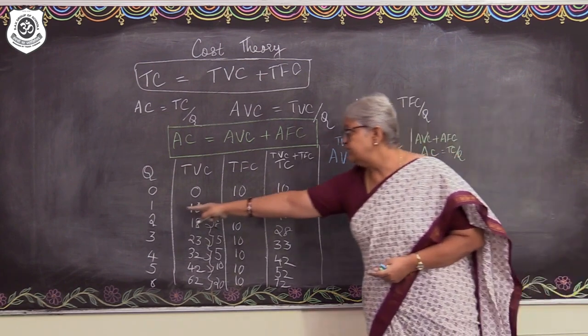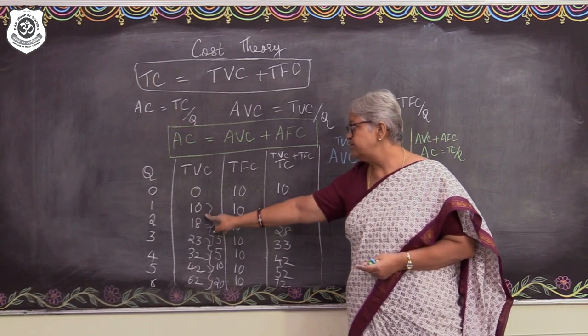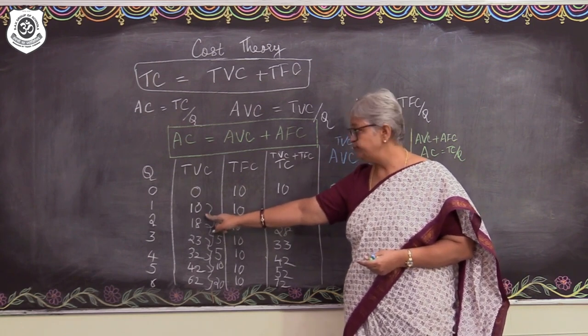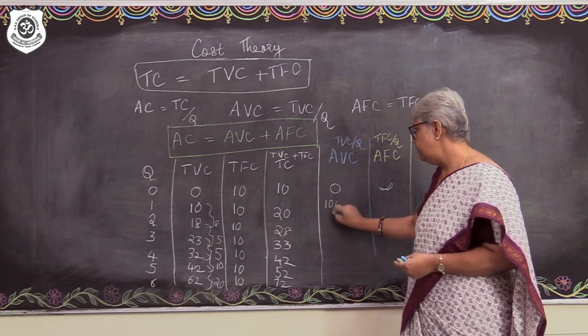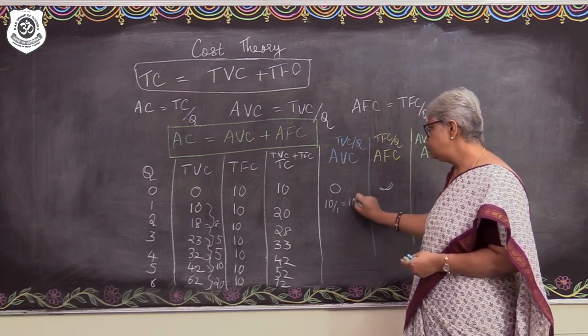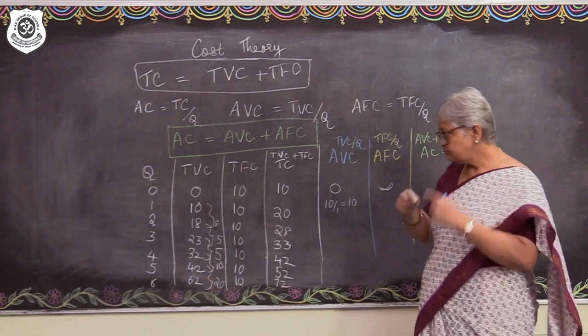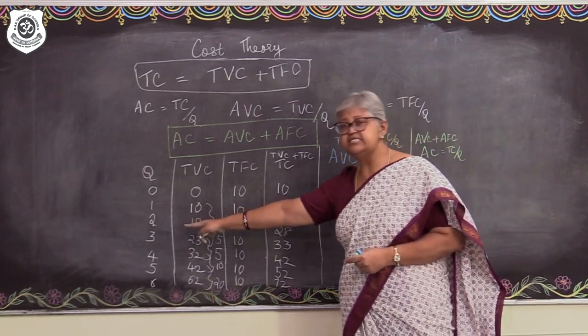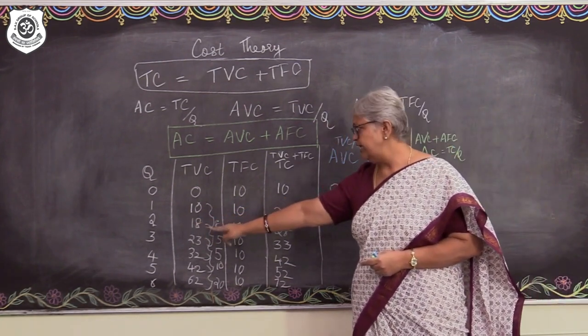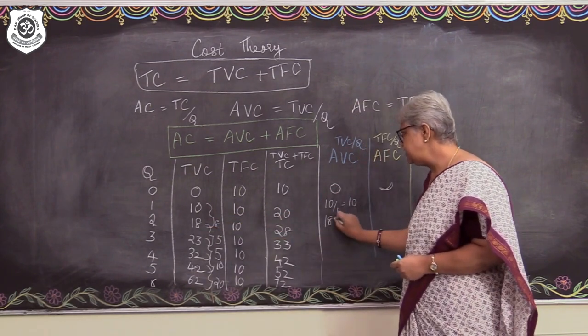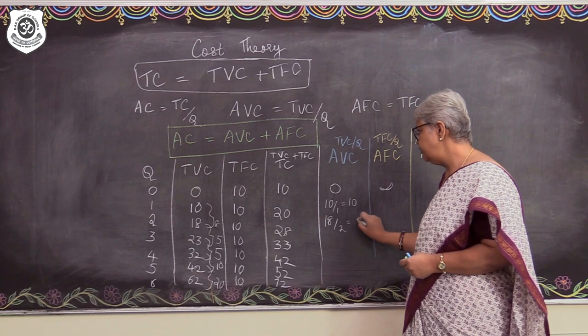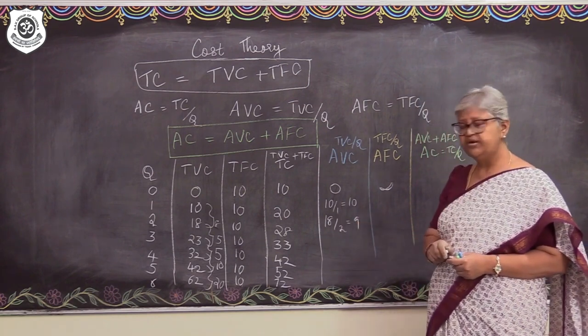So when the output level is 1, the total variable cost is 10. So the average variable cost will be 10 by 1. That will be equal to 10. Then output is going to increase to the next level 2 and the TVC is 18. So this is going to be 18 by 2, that's going to be 9, right?